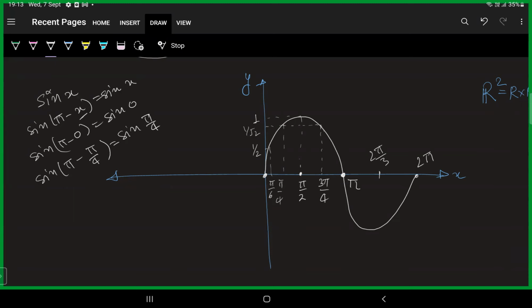You can do it. We know that sine of pi plus theta is equal to negative sine theta. Sine pi plus x will be equal to negative sine x, right? So whatever values we are getting positive, we will get the same values on the negative side. That's how we are getting this hump.